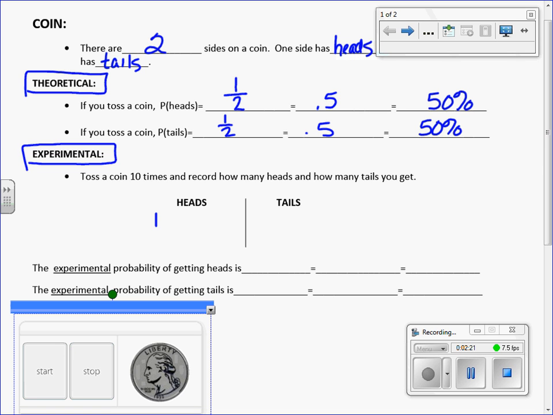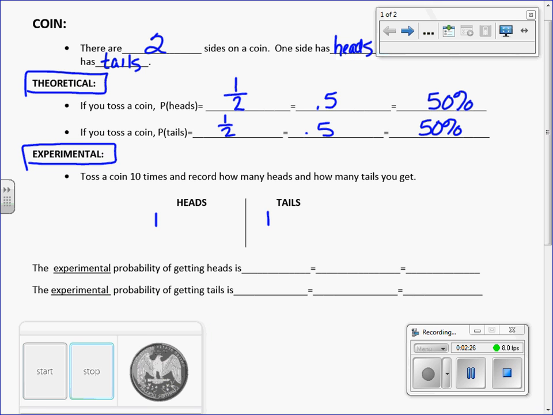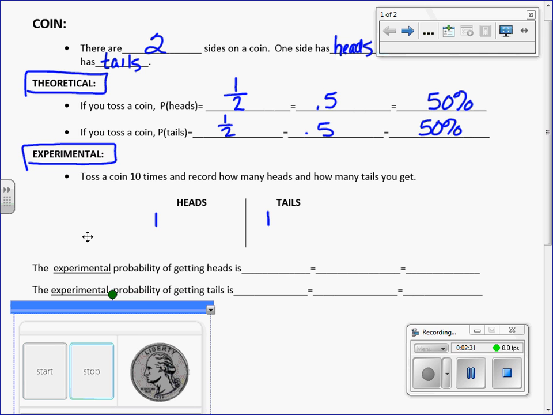All right, second time, I get tails. Next time, heads. Next time, heads. Next time, heads. Next time, heads.